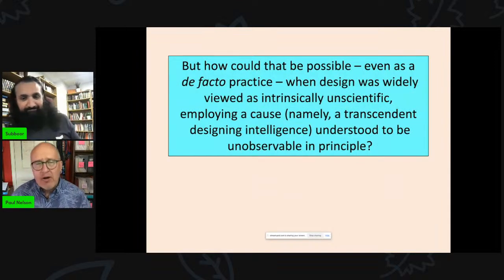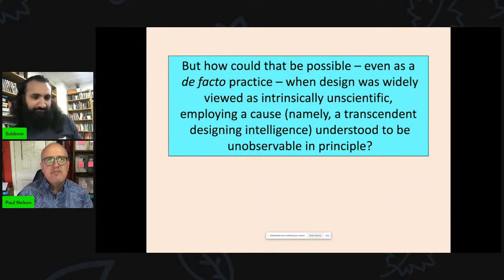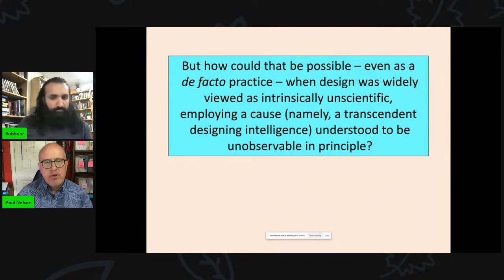But you might ask, well, how could that be possible? Design was and is widely viewed as intrinsically unscientific because it employs a cause, a transcendent designing intelligence that is unobservable in principle. So Scott wasn't daunted by this.